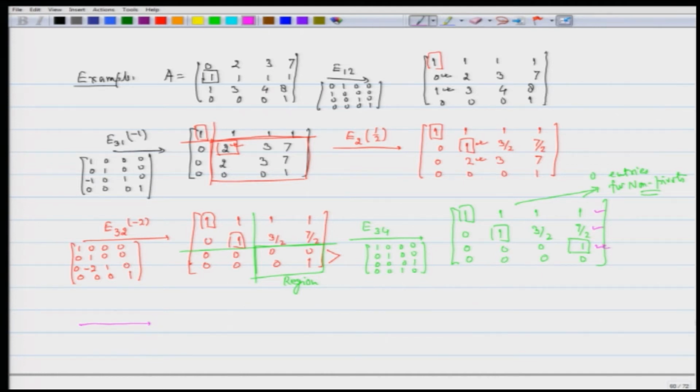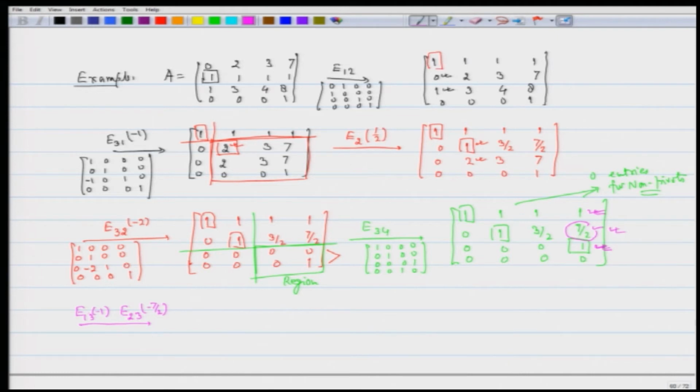Fine. I want to make this entry 0 in the second row. The second row is being replaced by second row plus E23. Look at this, it is 7 by 2 here, so I have to look at minus 7 by 2, because there is a 1 here. So, this part will be 0. And I can get this also 0 by looking at E13 of minus 1.